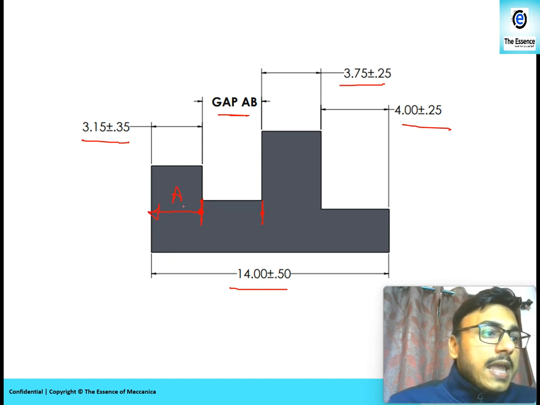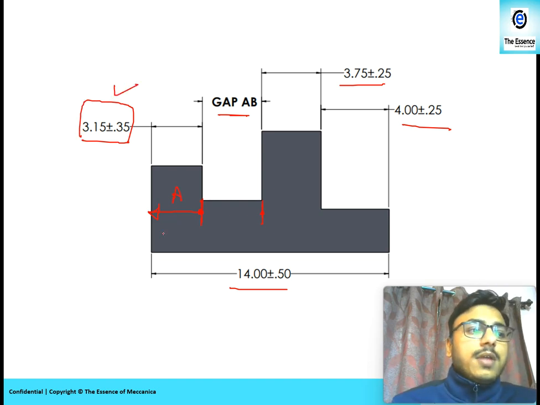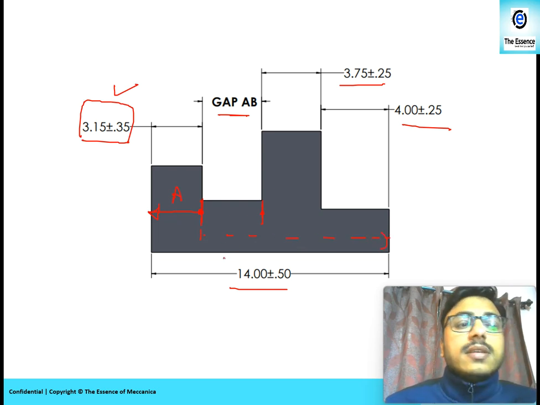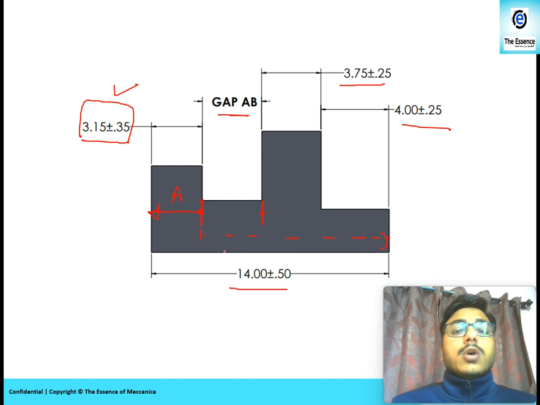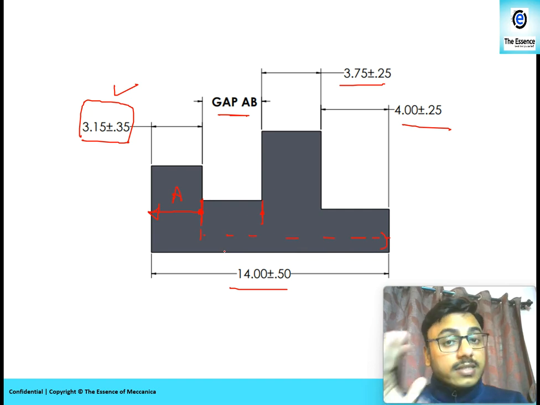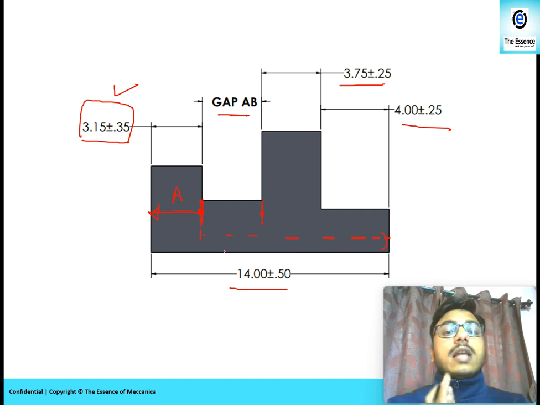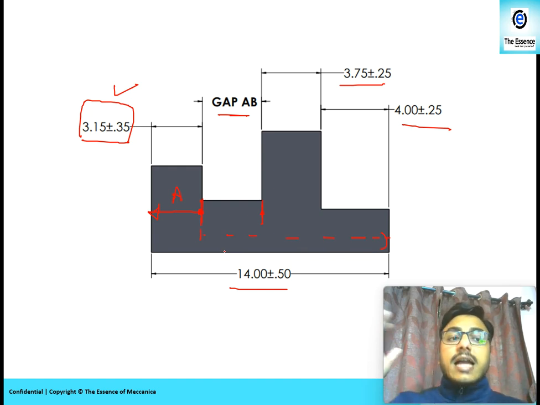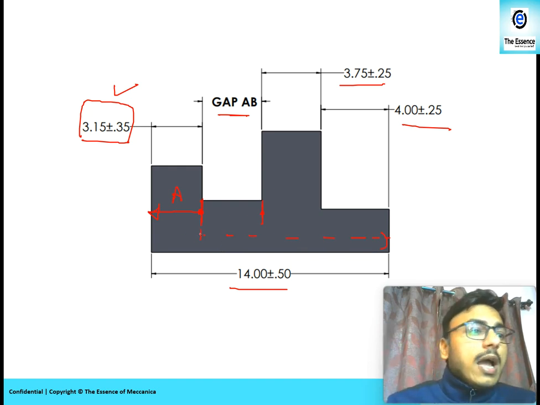See why I went there to there, because this dimension is given on the drawing. I cannot go directly from there to there. Why? Because this dimension is not present in the drawing. So whatever dimensions are there on the drawing, we have to utilize that and we have to reach the other end of the loop. So I have reached over there, that is A for me.